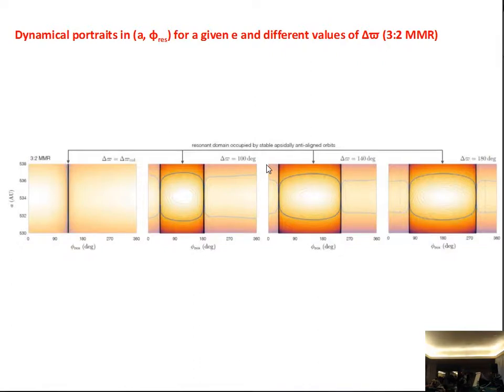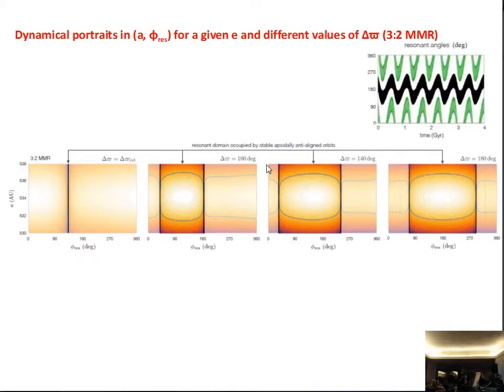The mean motion resonance has a stable equilibrium point at phi equal to 180 degrees. But if delta varp changes and goes from 180 to 140 to 100 degrees, you see that the center of the resonance shifts from 180 degrees towards 90 degrees. And this gives exactly this kind of slow oscillation coupled with the libration of delta varp that we saw before.